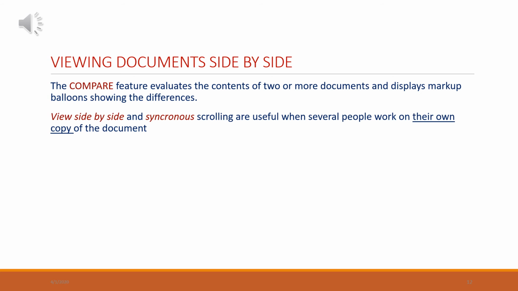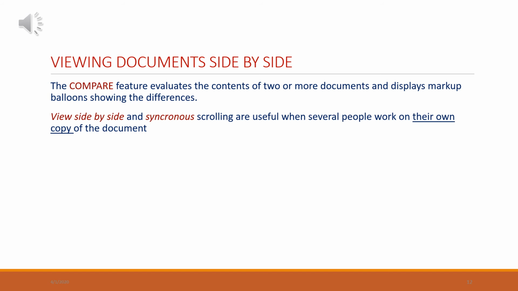But nevertheless, it will happen. You will send your paper to somebody and he will resend it back without track changes, but with some modifications on. And you will have a hard time finding out the modifications and deciding whether you want to integrate them, accept or reject. This is done by view side by side.